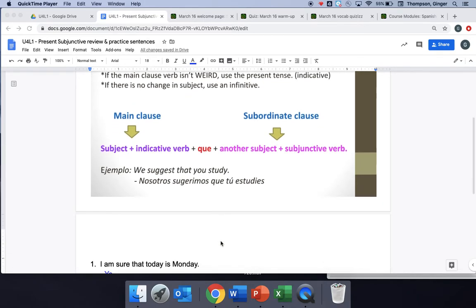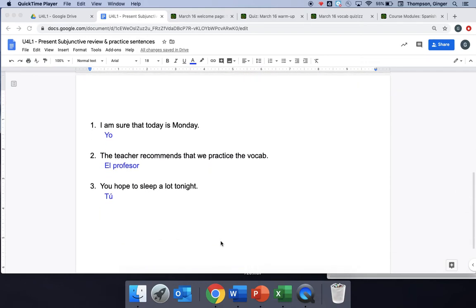Okay, I've got a few more practice sentences for us to look at. Number one. How would we translate that? Translate this. It says, I am sure that today is Monday. Okay, well, I would first ask you, is this a subjunctive sentence or not? Okay, the answer would be no, it's not. And the reason is because that main clause verb is not WEIRDO.